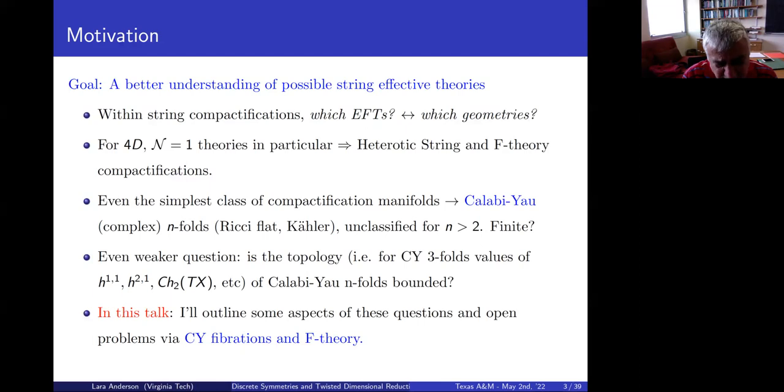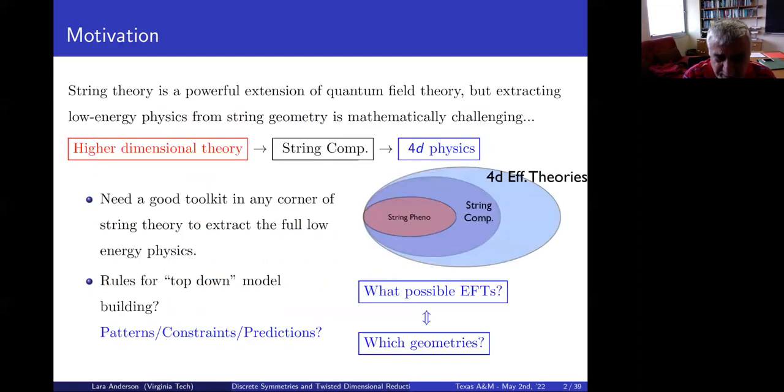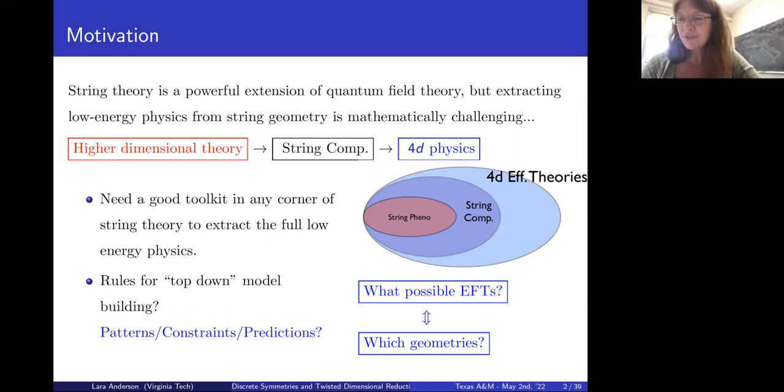But then in your diagram, why did you put EFT as a bigger class? If you go back to your initial pages, here. Why is 4D a bigger... Good. So here I'm being very loose in terminology. What I had in mind, drop "effective" for a moment, is that I'm interested in all 4D field theories. For example, the standard model is a 4D field theory that is very successful.